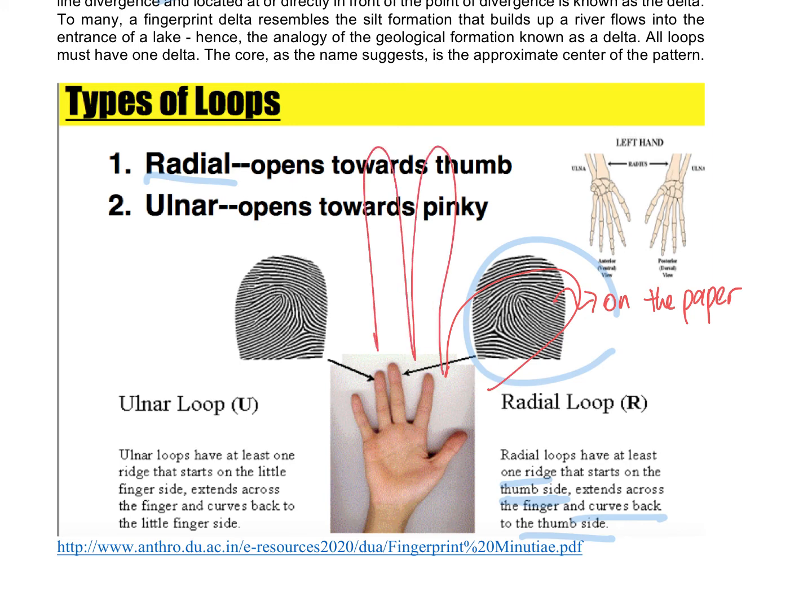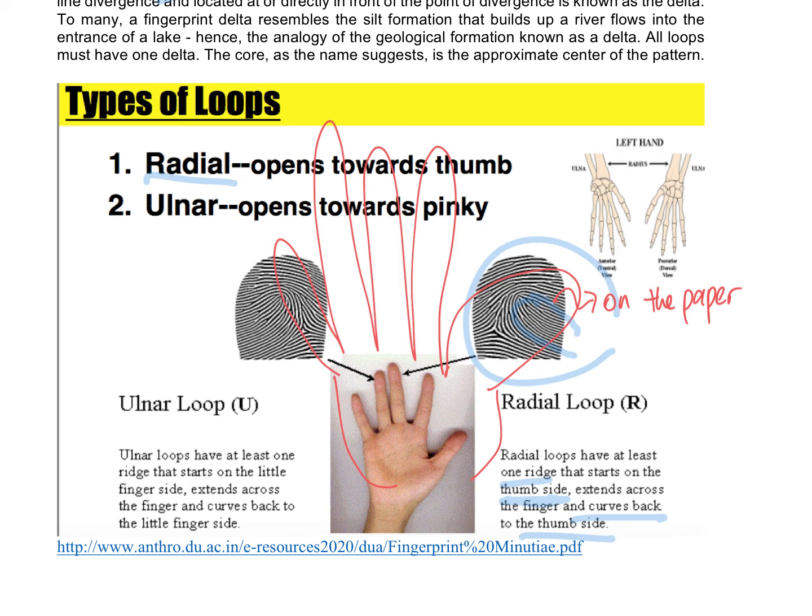This is your index, middle, forefinger, right? So when they imprint onto it, you notice that the loop is on the right side, the thumb, back to the thumb side. This is on the paper.